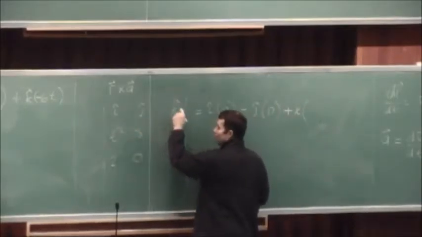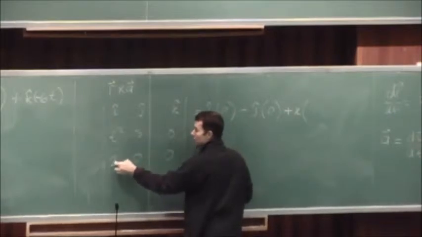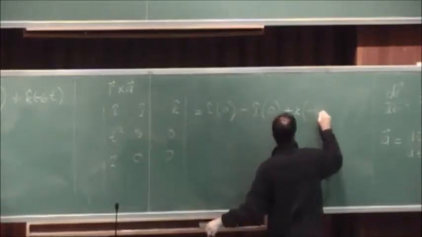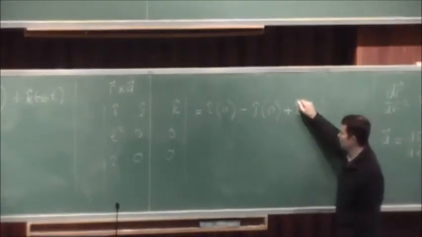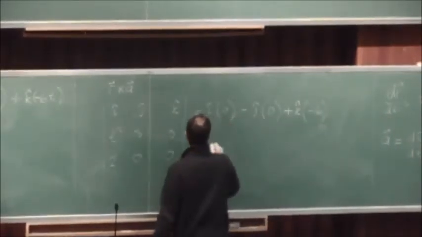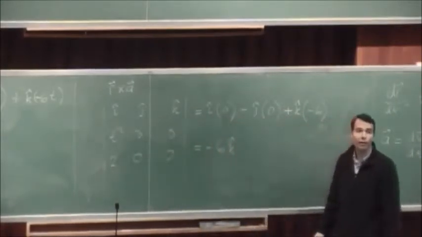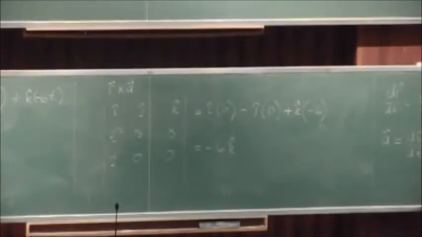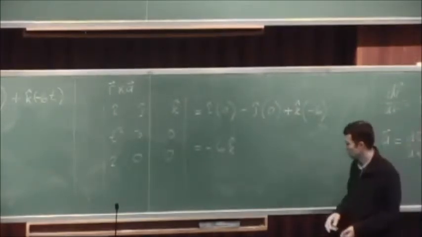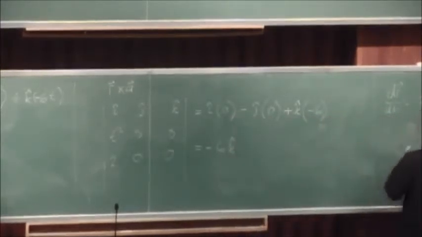I get rid of this column and this row, and I get t squared times 0 minus 2 times 3, and so I get minus 6. And so we see that this is equal to minus 6 k hat. So that's the torque. It's a constant torque operating on this system. Or I should say there is a constant torque on this system.